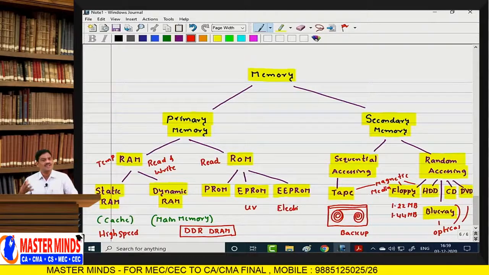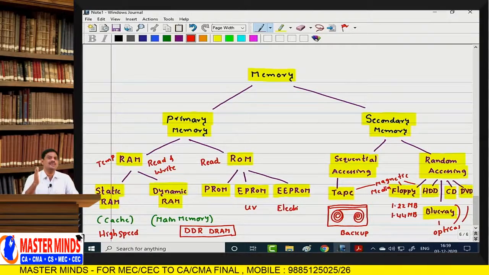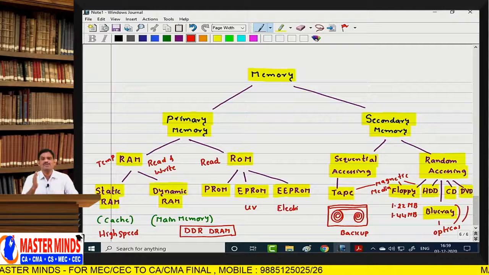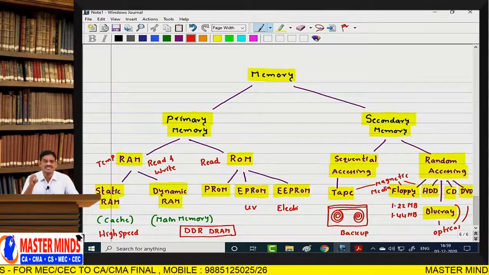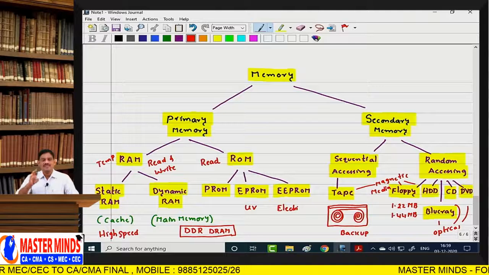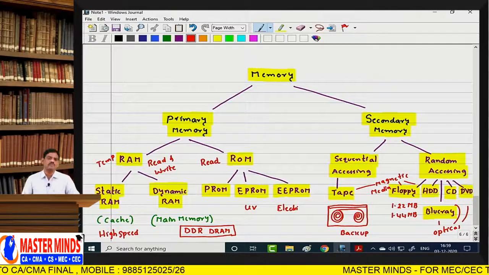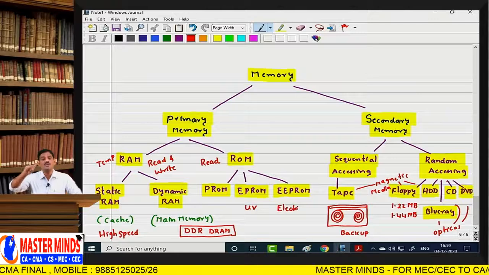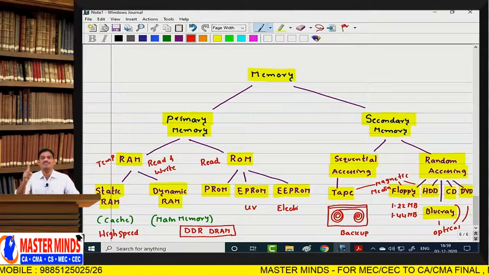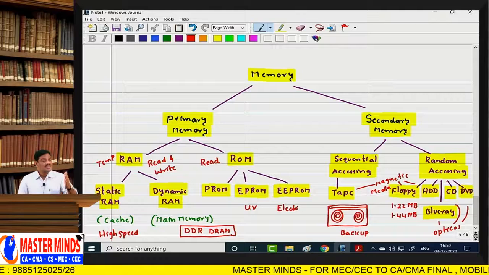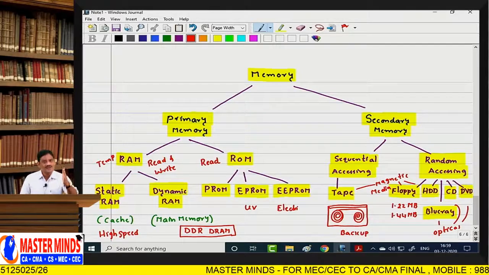A secondary memory is completely permanent. Once the data is written onto the secondary memory, even if there is a power failure, the contents remain the same. That is called non-volatile memory. But random access memory is volatile memory.